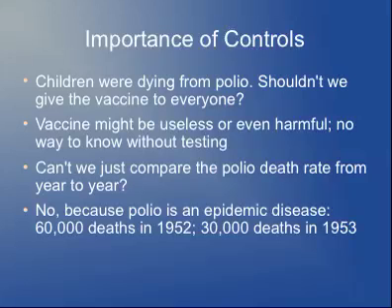In 1953, before the vaccine was even released to the public, the death rate dropped in half. So if you suddenly vaccinated all the kids in 1953, you might think that the vaccine was having wonderful effects, even if it was doing absolutely nothing. So it isn't sufficient to just compare from one year to another. You need to have controls that are as similar as possible to those who are receiving the treatment.